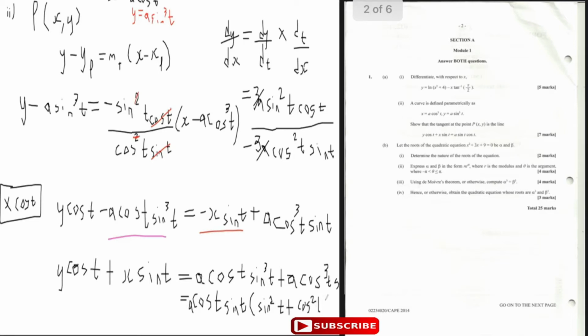But sine squared t plus cos squared t is 1, we know that, so you can throw away that part. And so finally, all of this just works out to be a cos t sine t.